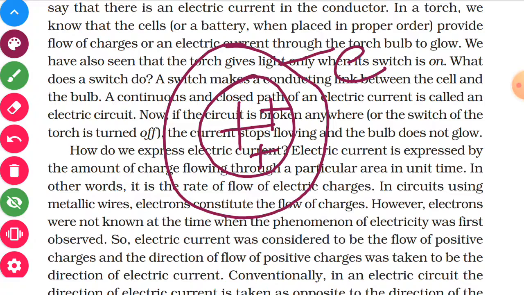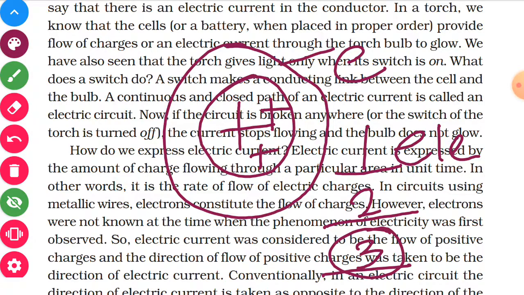In metal, the outermost orbit has 1, 2 or 3 electrons. Sodium has 1 electron, magnesium has 2 electrons, and aluminum has 3 electrons in the outermost orbit.